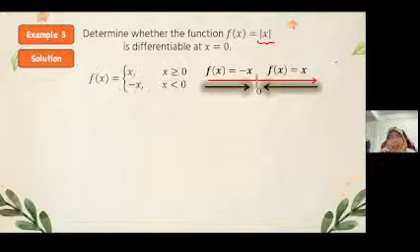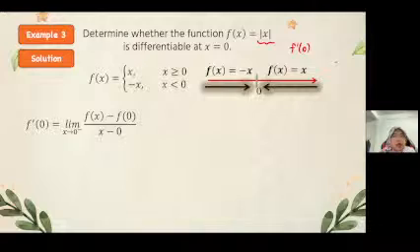Okay, next, we have to find out what is your f prime of 0 for both left hand side and right hand side. Okay, so now f prime of 0, that is the limit for x approaches 0 from the left hand side first. So I start with the left hand side. So the function is f(x) minus f(0) over x minus 0.